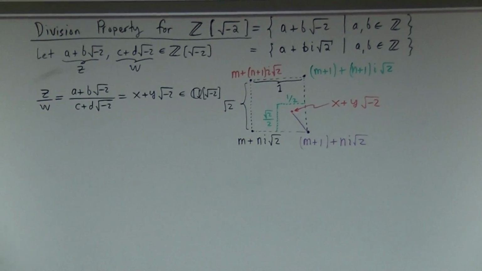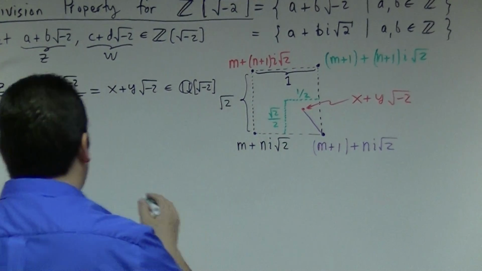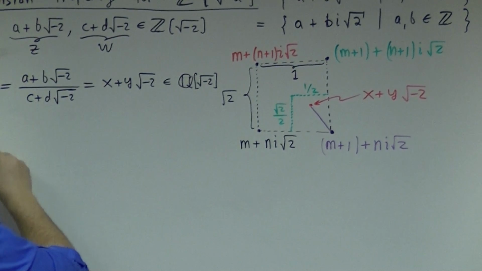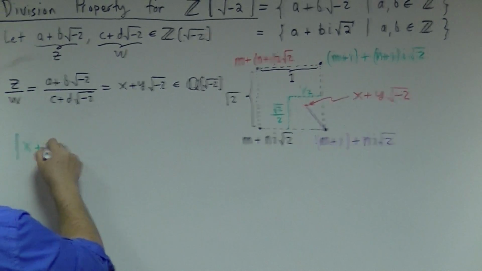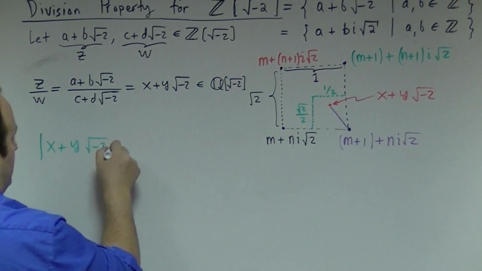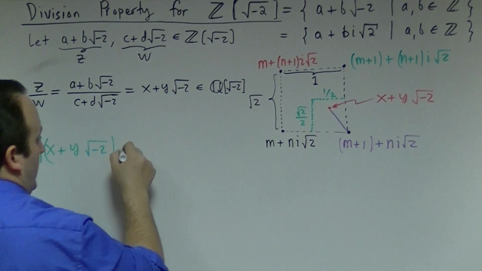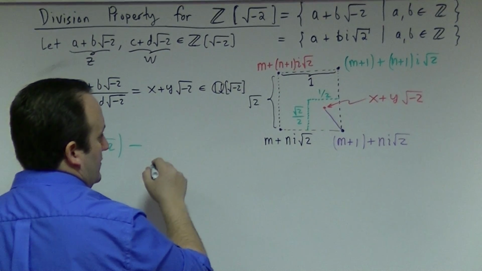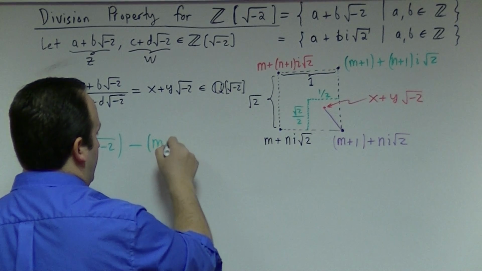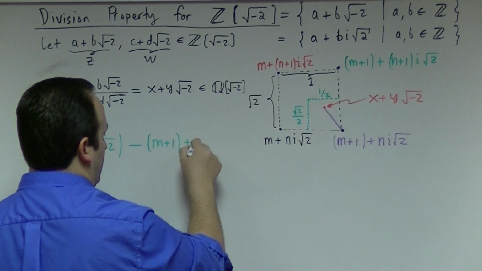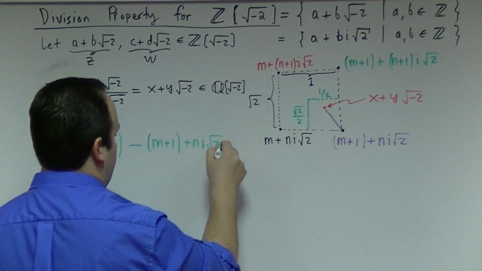So that means you can see that the distance between x plus y square root of minus 2 and that m plus n i root 2. What is it?